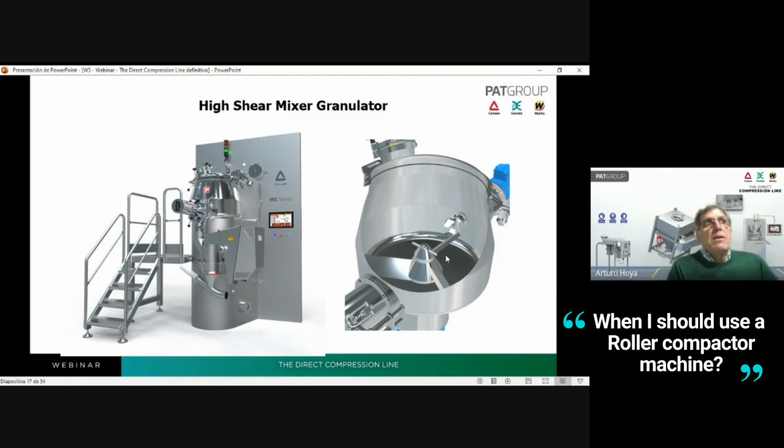Okay, a roller compacting machine is an alternative to direct compression blending. You use it when direct compression is not possible because the flowability, the density, or the compactability are bad, and you can obtain an intermediate product with good attributes of flowability, compactability, density, and uniformity.